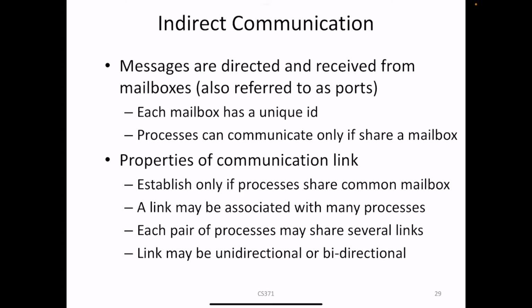A link can be established if and only if processes share a common mailbox. A link may be associated with many processes if those processes share the same mailbox. Each pair of processes may share several links because they may share several mailboxes. And the link may be unidirectional or bidirectional.